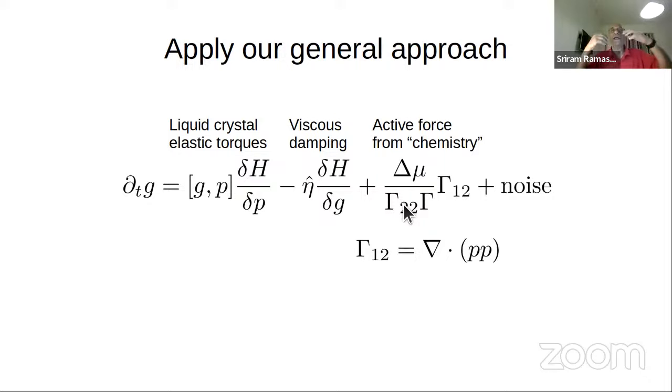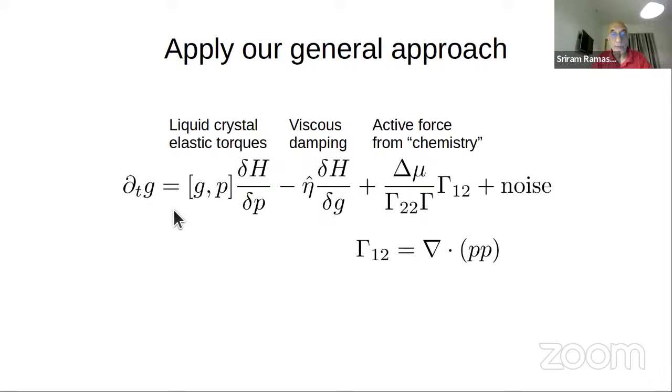You'll have to write down the simplest contribution you can, which is A, a vector, B, built out of P and its gradients, and C, analytic. Okay? And also very important, this equation is a conservation law. It says del G over del T, G is supposed to be a vector field, has to be written as the divergence of some tensor current. Okay, G is a vector.